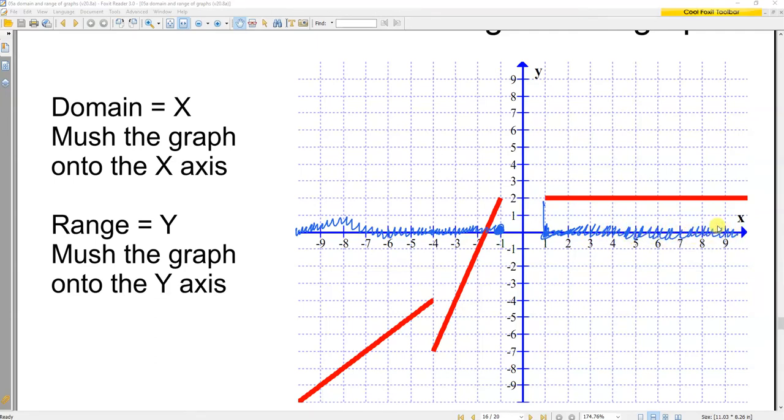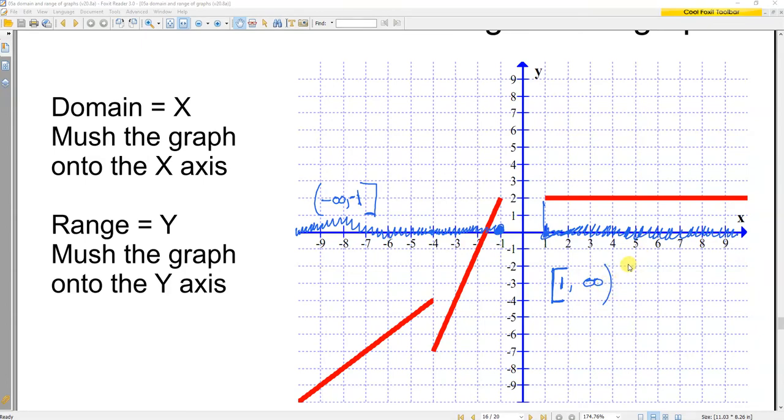So we actually have a couple pieces here. Right here we have negative infinity to 1. And then there's this gap, and then it picks up at 1. Actually, this is negative 1, isn't it? Negative 1 right here. And then it picks up right here at 1. And it goes to positive infinity.